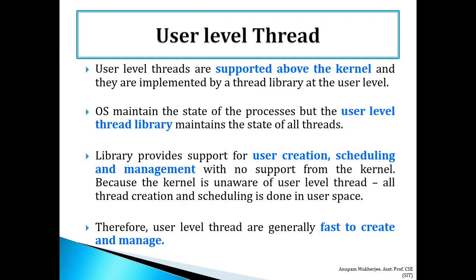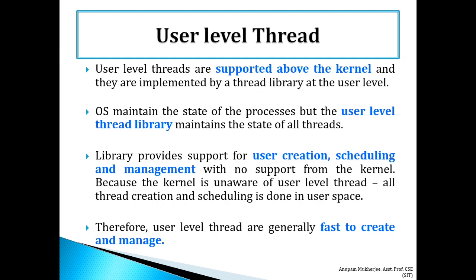The operating system maintains the different states of the process, meaning whether the process is in new, ready, running, waiting, or terminating state. But the user level thread library maintains the state of all threads.